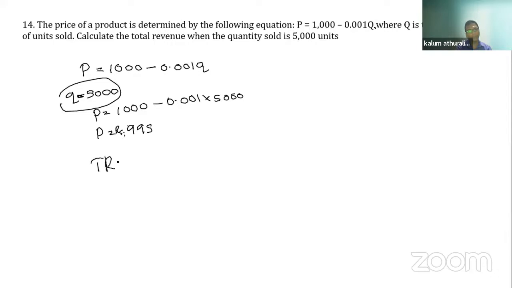Then total revenue is P into Q: 995 multiplied by 5,000. Answer is 4,975,000.